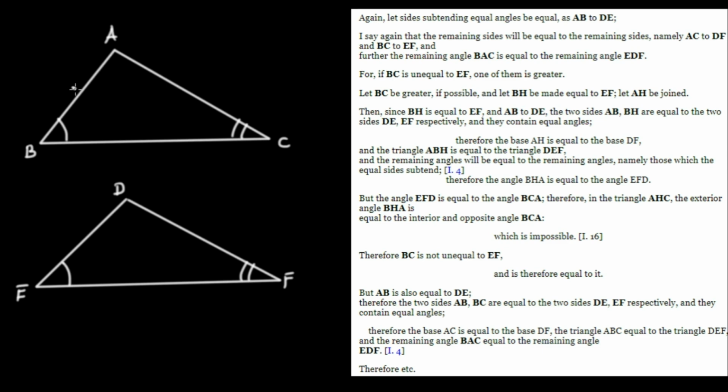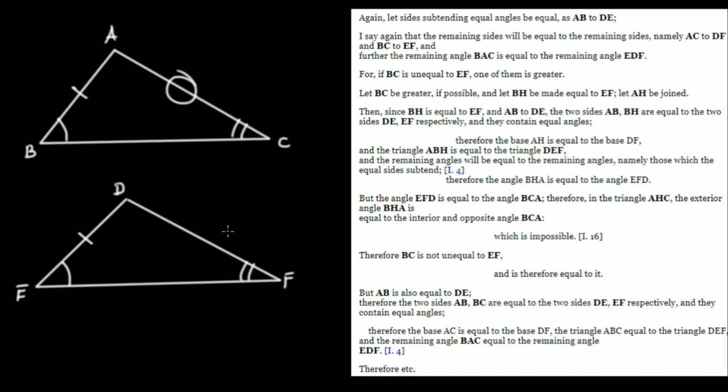So now we're going to suppose that these two are equal, as we have angle, angle, side instead of angle, side, angle. I say again that the remaining sides will be equal to the remaining sides, namely AC to DF and BC to EF, and further, the remaining angle BAC to EDF.